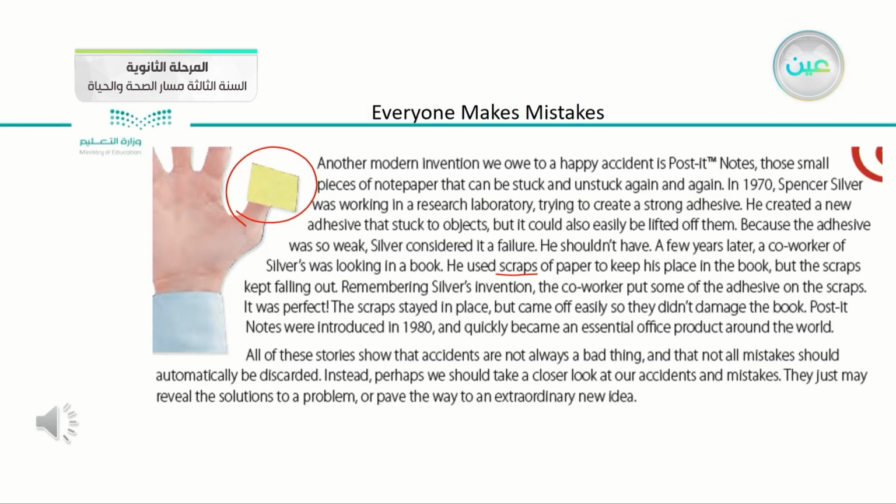If we have a large A4 paper and you cut it into small pieces, those pieces are called scraps. In this picture, we have a scrap, but it is posted on the thumb. How is that scrap posted on the thumb? By using the adhesive on this paper. How was the adhesive discovered?